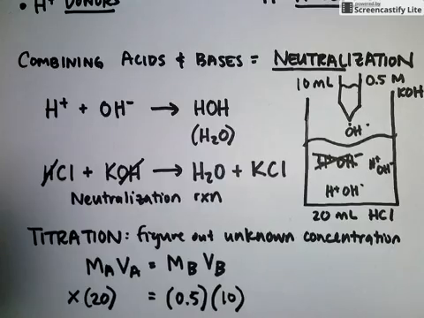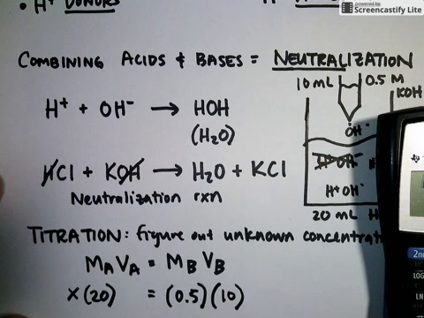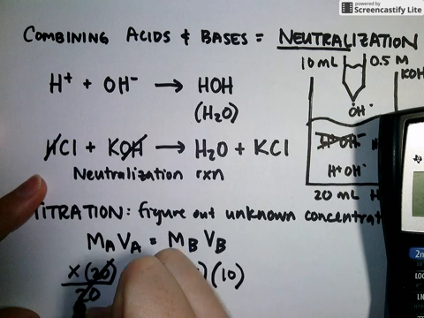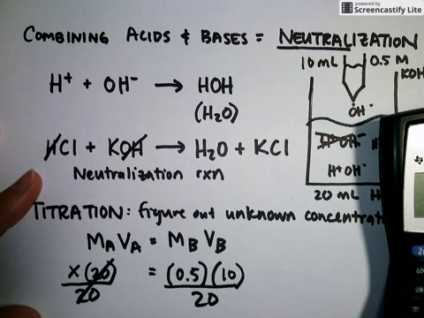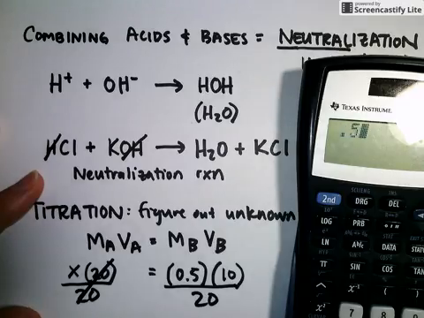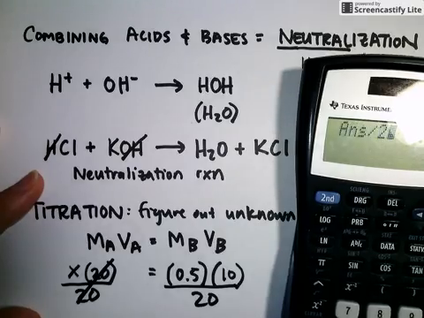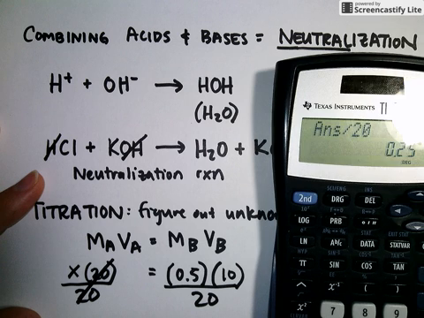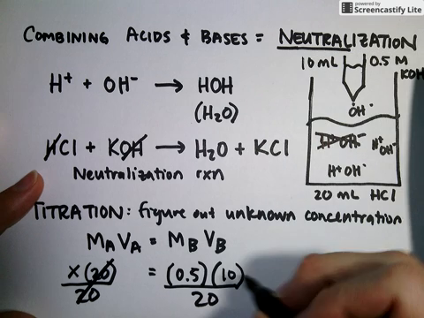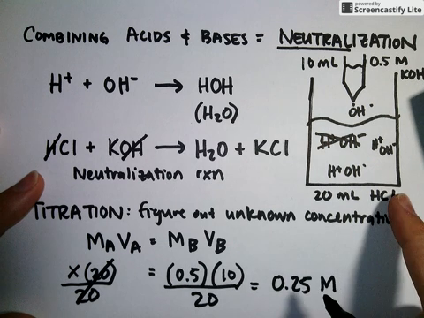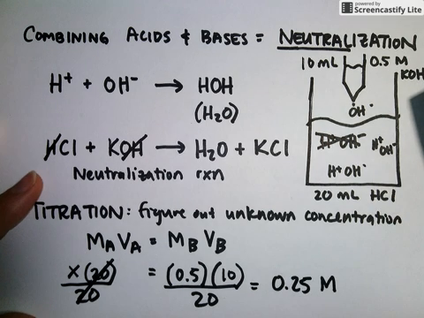Here's again where you can let your calculator take control. In order to solve for X, I need to divide both sides by 20 to get X alone. So into my calculator, I'm going to enter 0.5 times 10, and then divide that number by 20 to get 0.25 molar. That tells me that this acid was half as concentrated as the base.